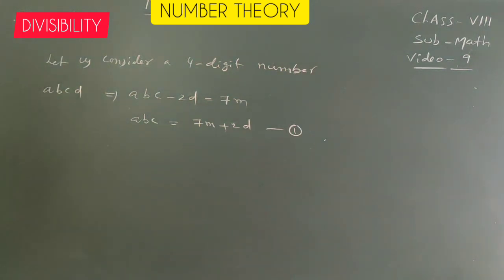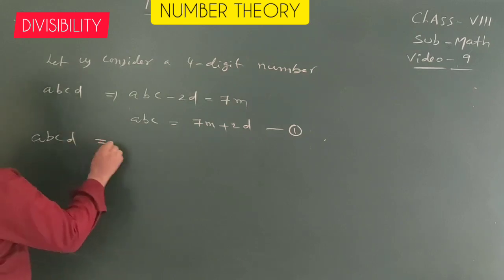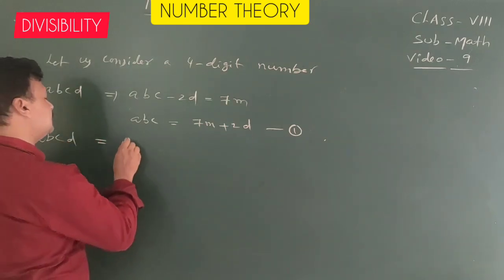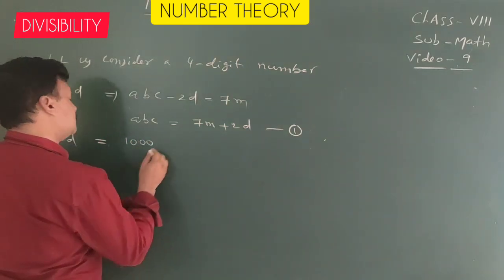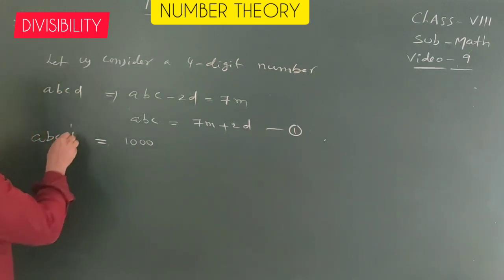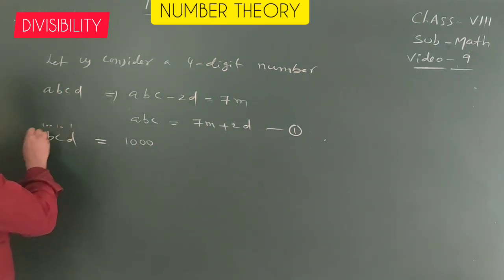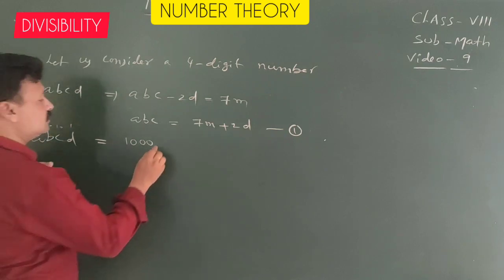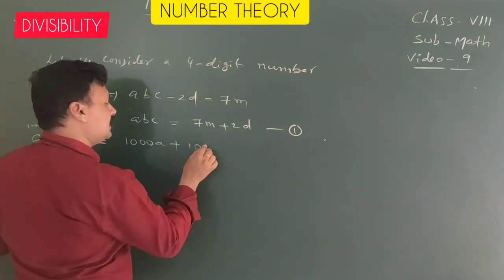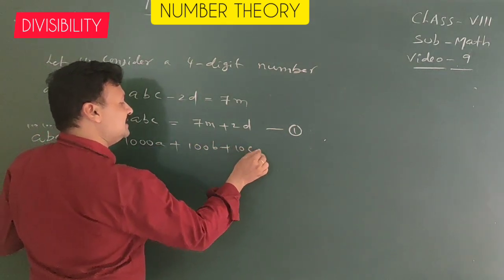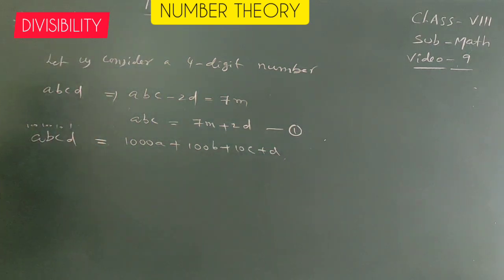Okay, that is the first equation. Now the expansion of ABCD is 1000A plus 100B plus 10C plus D.